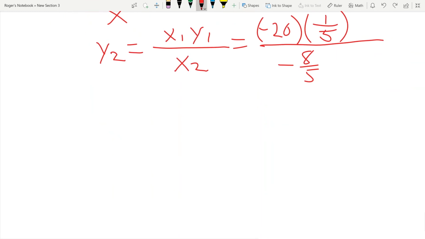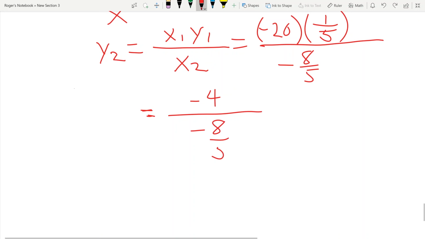The numerator is going to be negative 4, and we're going to be dividing that by negative 8/5. Now, do you remember your rule for dividing fractions? What do you do when you're dividing by a fraction? You invert and you multiply.